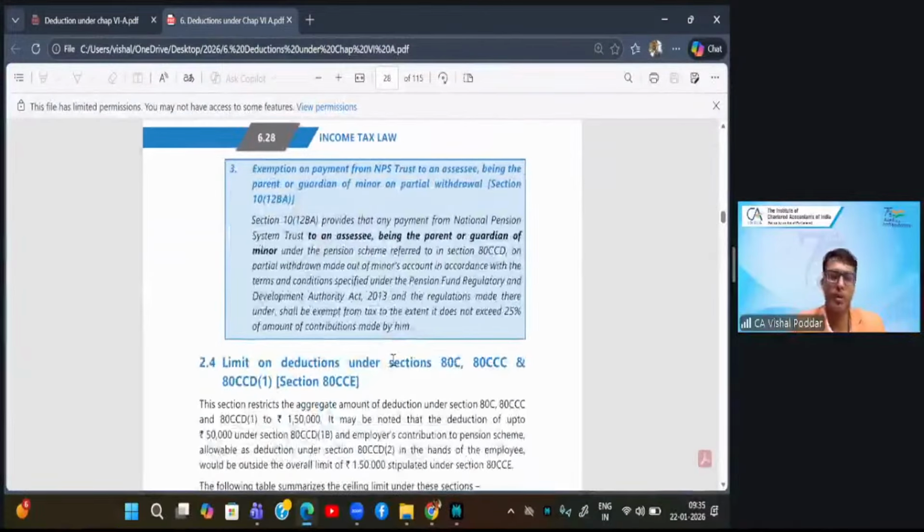25% is exempt. And the last part, exemption on payment from the NPS trust to an assessee being the parent or guardian of a minor on partial withdrawal. So same, if you are making a partial withdrawal, that is premature withdrawal, the scheme is still going on. In that case, even for a minor child, up to 25% will be exempt.